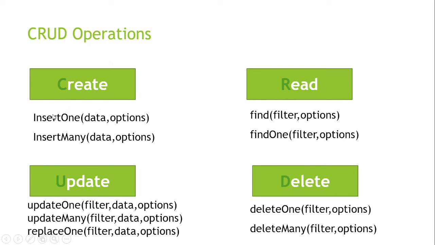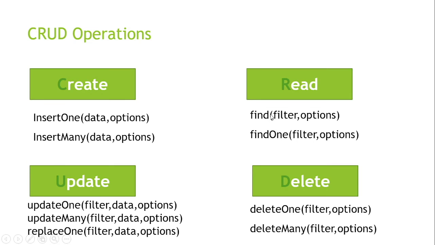By using the insert methods, we can also insert more than one JSON object in document collections. So this is the first operation. We'll be working on the CRUD operations as well, but first let me just give you the overview of these methods.